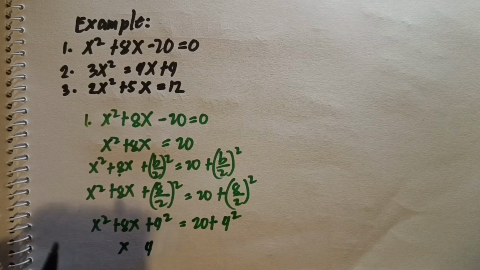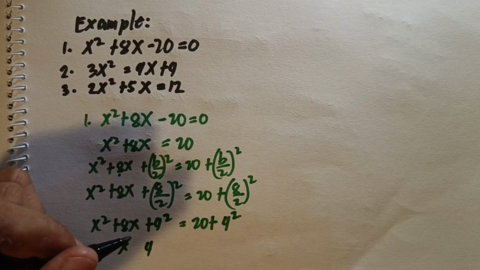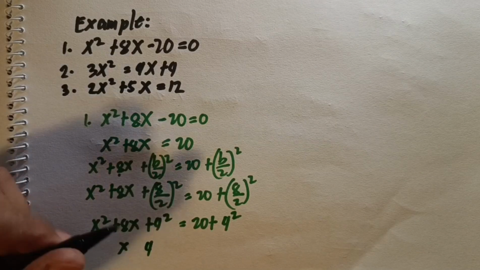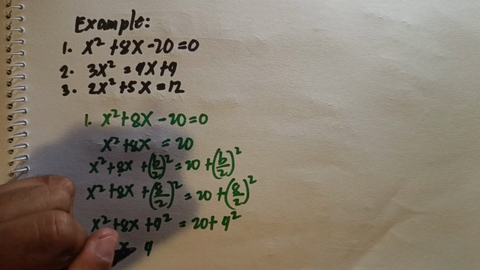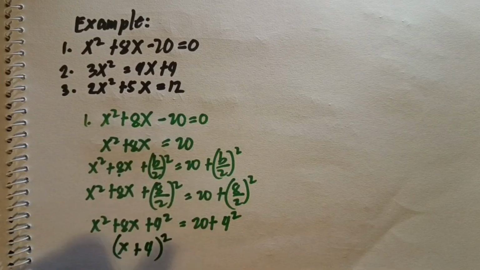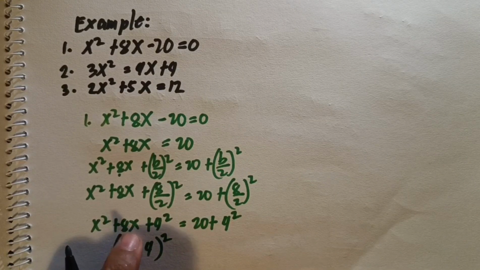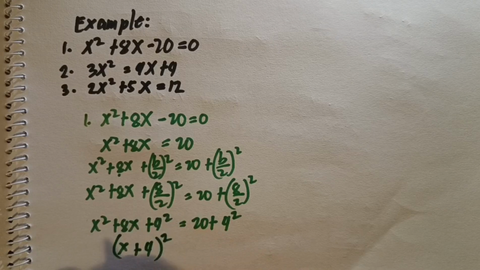Then whatever the sign of the linear term is, we are going to copy. Since it is positive, you are going to use plus. Then quantity squared. So x squared plus 8x plus 4 squared is the same as the quantity x plus 4 squared.